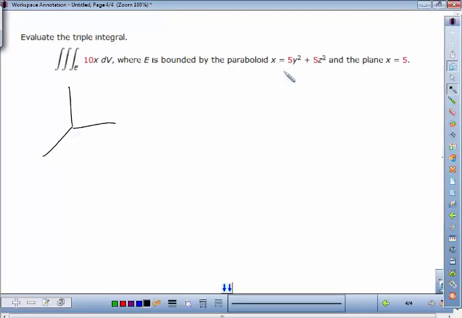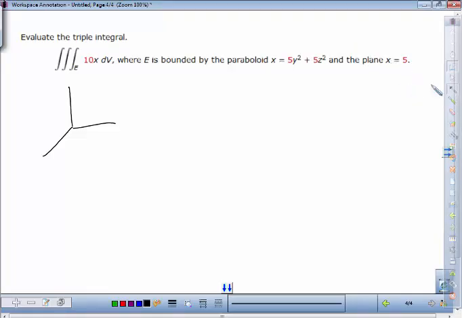So the paraboloid is x is equal to 5y squared plus 5z squared. This looks like it's going to be a circular paraboloid, but it's going to be opening up in a different direction. Not up along the z or down along the z. It's going to be opening up sideways somehow. And we have to figure out which way it's opening up. And then there's a plane x is equal to 5.